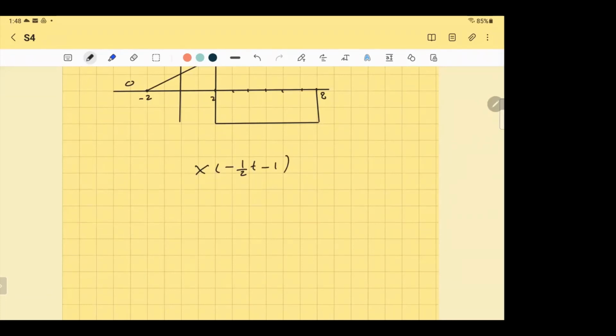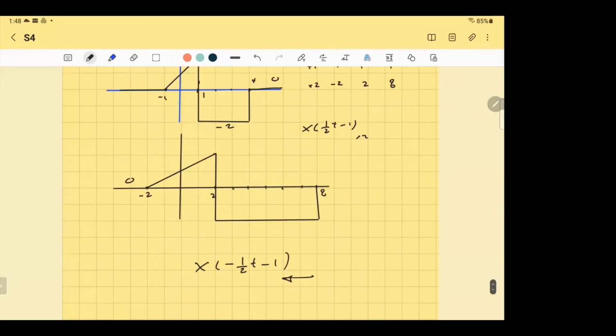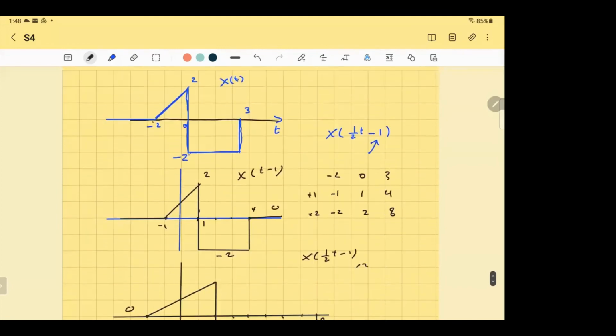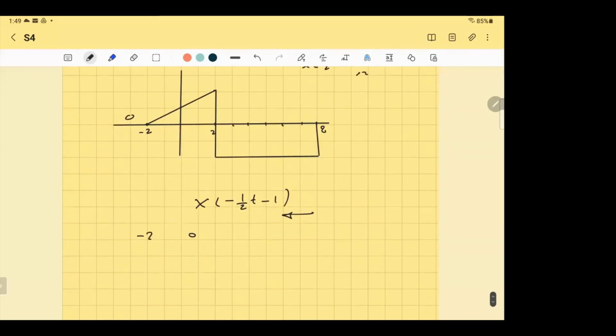Some people do it in 3 steps. They make the shift, and then the scaling and the inversion, because negative means inversion, right? But now understand what we do. We go from left to right. I add 1, multiplying by -2. That's all. So the main points in x of t are -2, 0, 3.